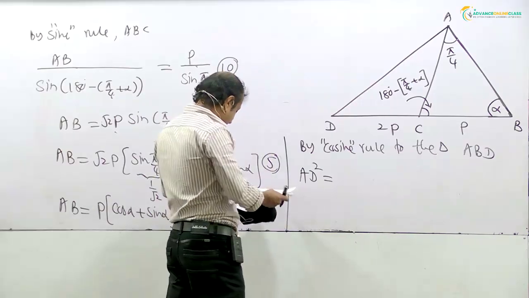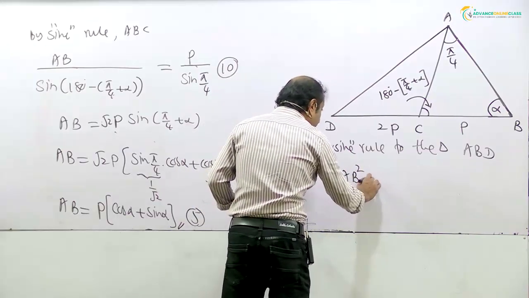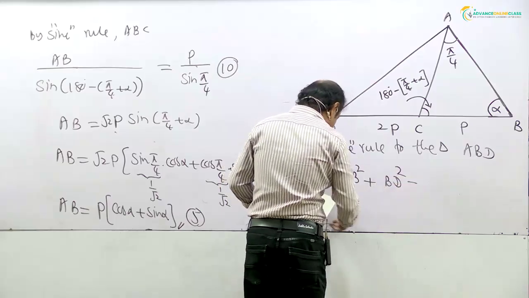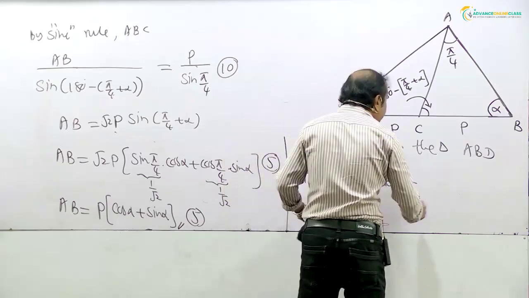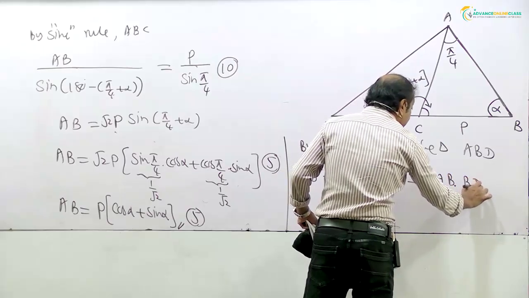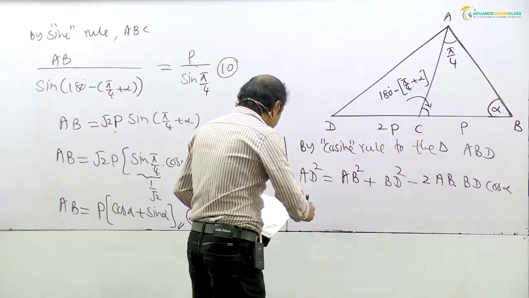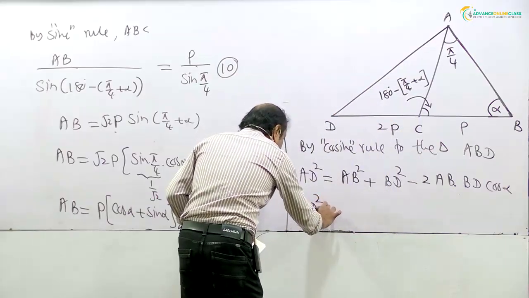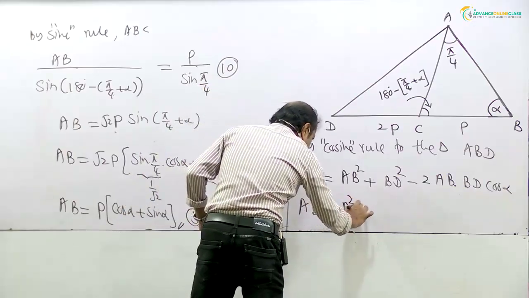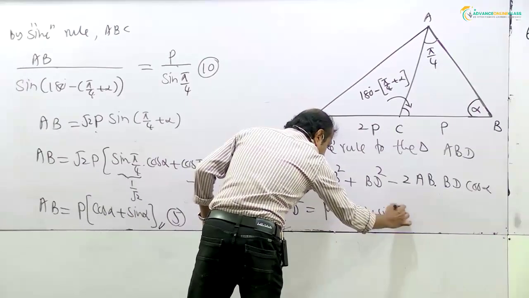Right. AB squared plus BD squared minus 2 times AB BD cos alpha. Right, substitute for AB squared. AB answer is this, no? P squared, cos alpha plus sin alpha, perfect squared.